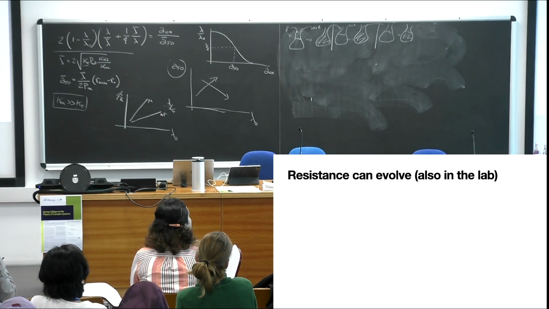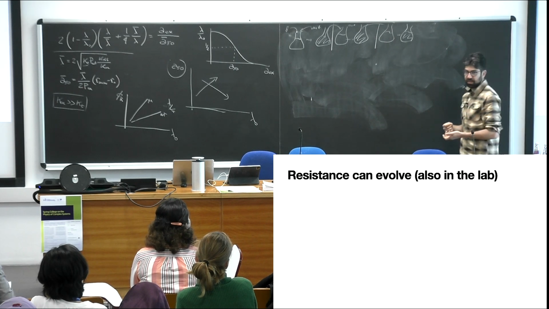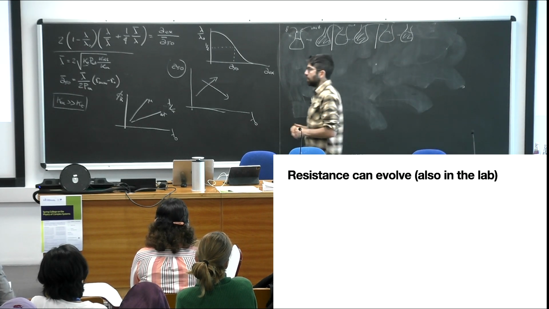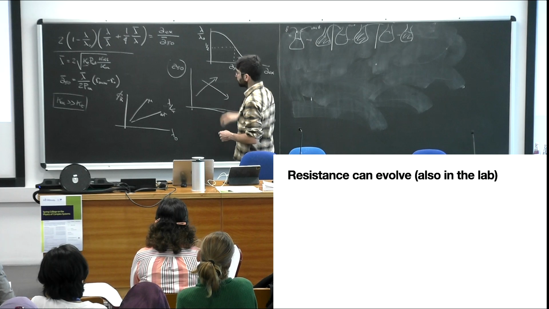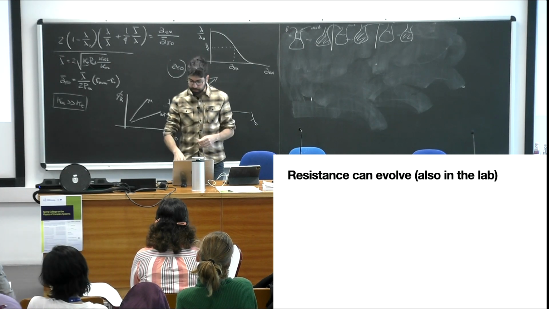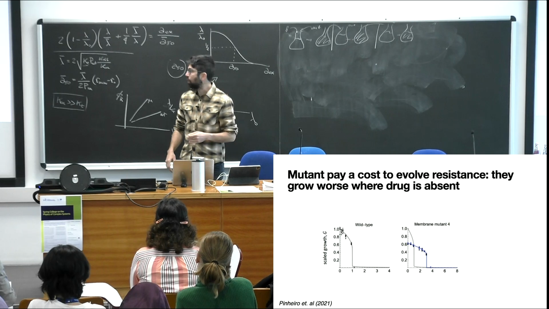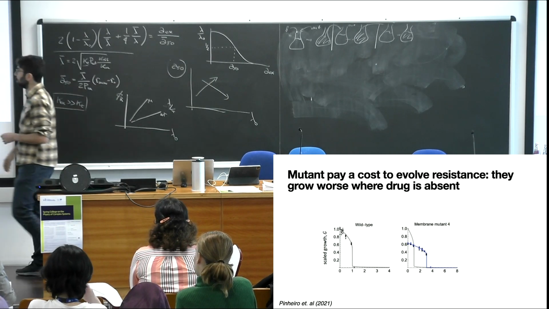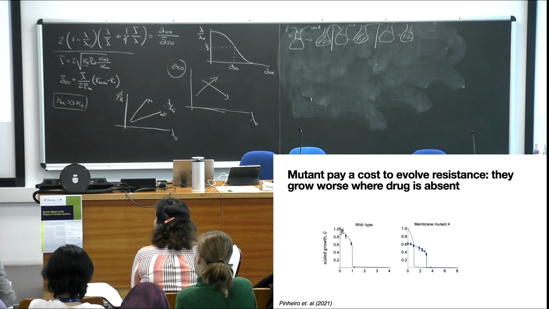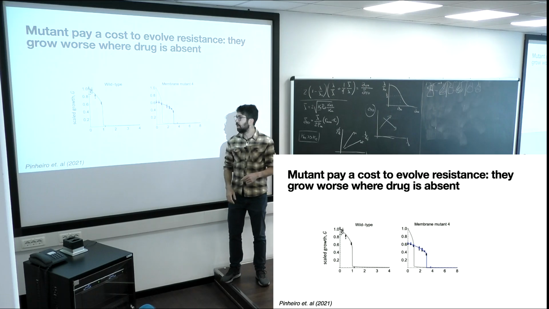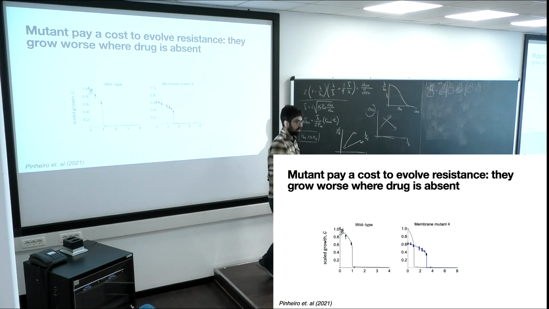And so basically you can start to have mutations, okay? And they evolve some level of resistance. Okay? So empirically, suppose that you start from the curves we saw, and you look at the wild type, so the original one, you have some dependency of the growth as a function of the antibiotic concentration. Right?